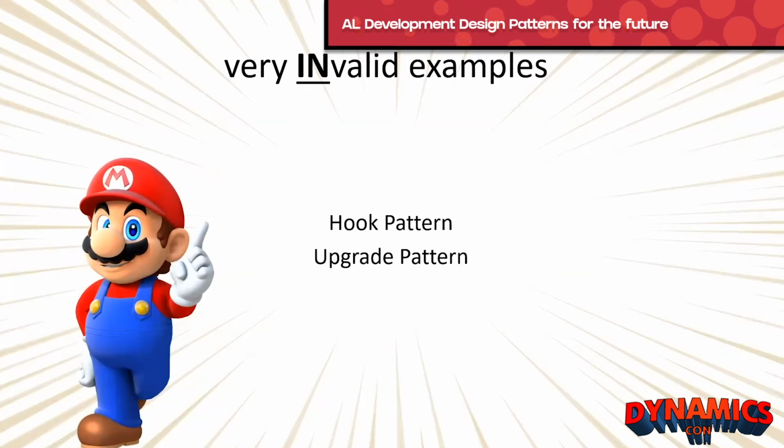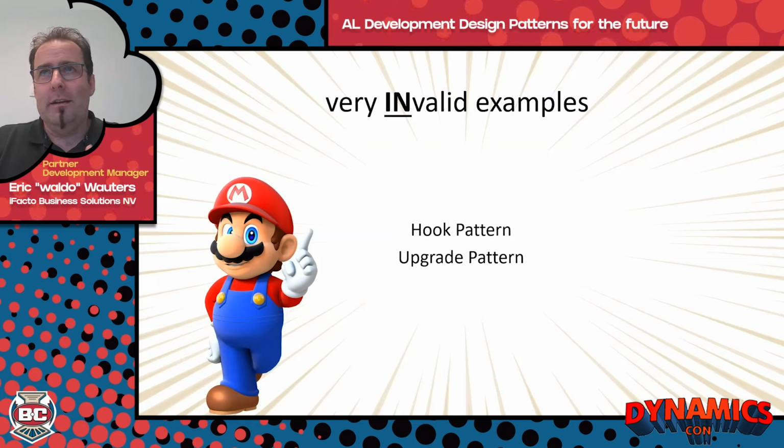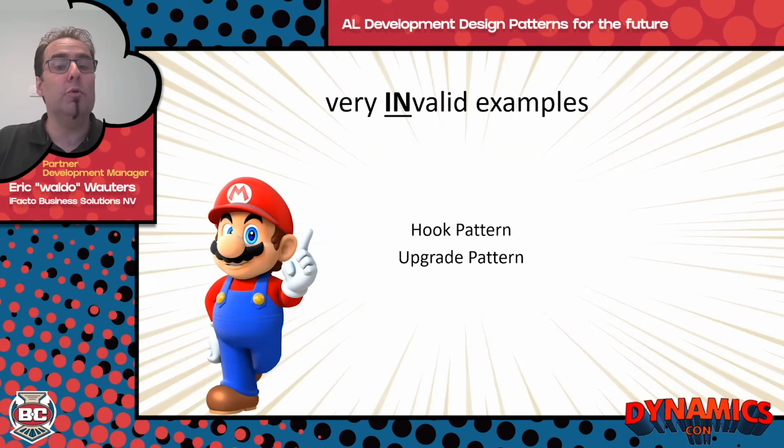Now, do remember that there are also invalid examples. Basically, we have moved to a new architecture, and I could find only two examples. While we were working in NAV back in the days, we really had to find some patterns that made it easy for us to be able to upgrade.